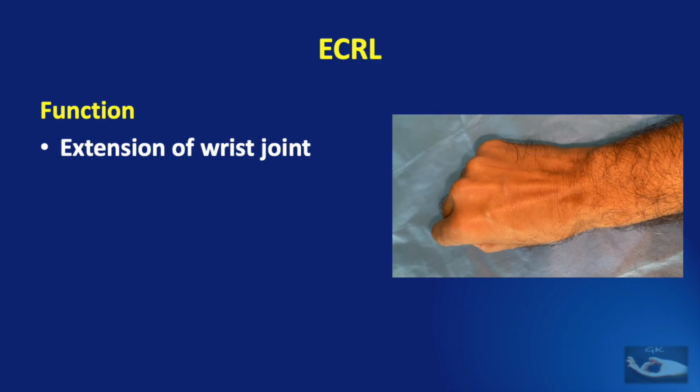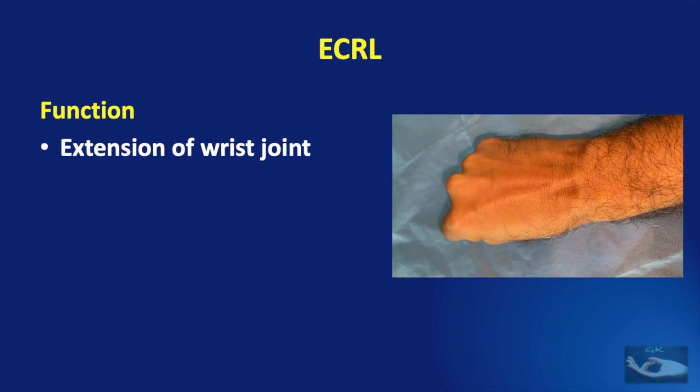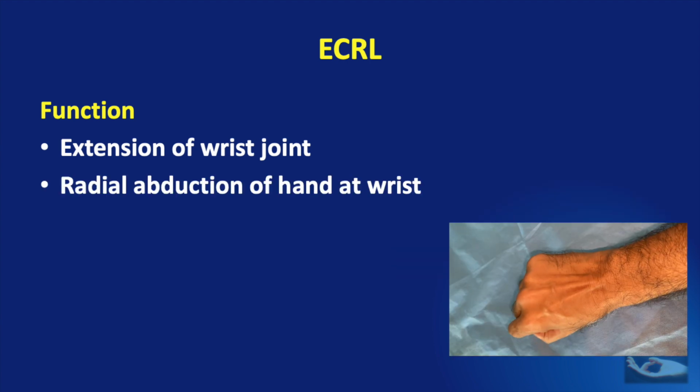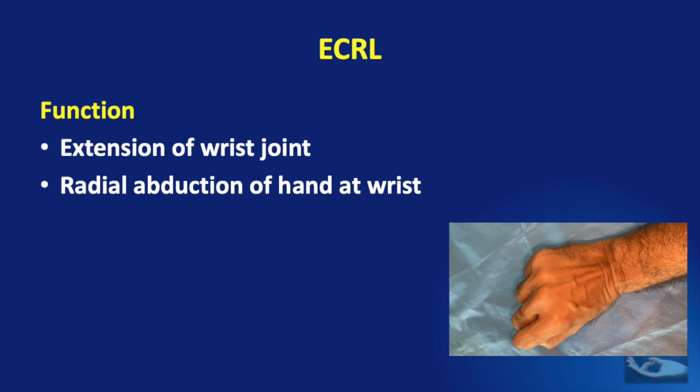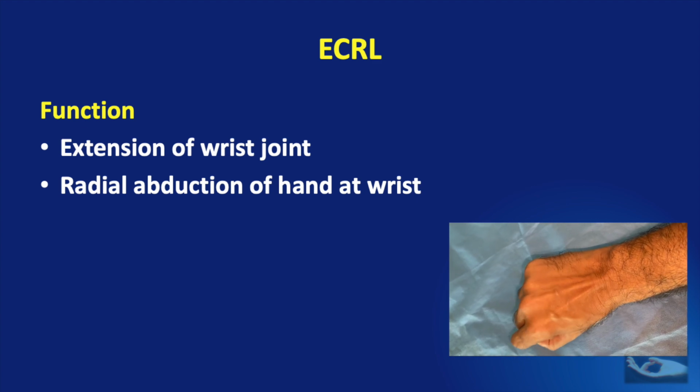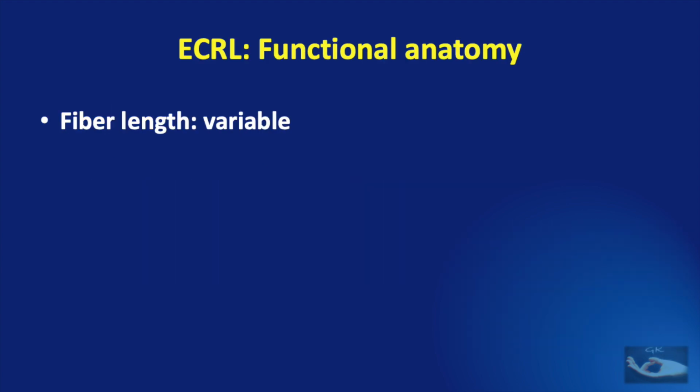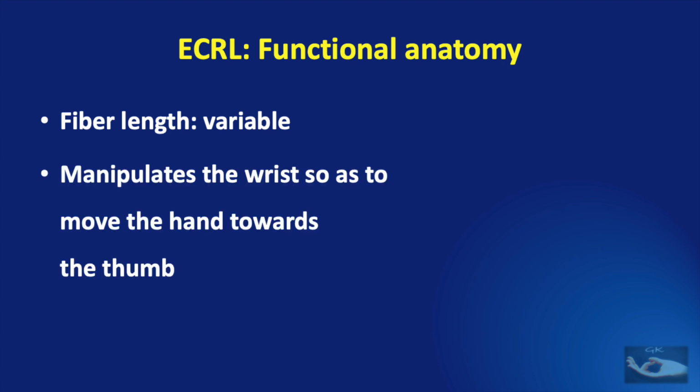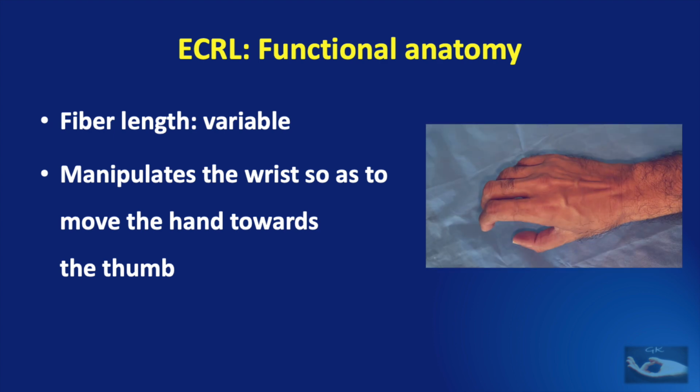When this muscle contracts, it causes extension of the wrist joint and also radial abduction of the hand at the level of the wrist. The muscle fiber length is variable as the muscle arises from the lower end of the humerus, and the unique feature of this muscle when it acts on the wrist is it not only causes extension of the wrist, but it also tends to move the hand towards the thumb.